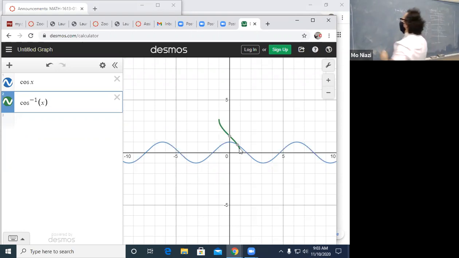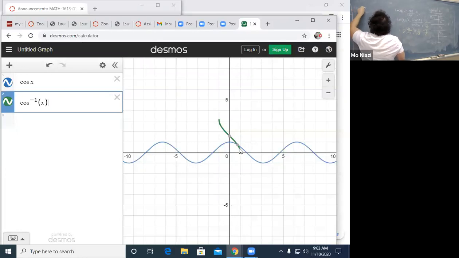What is the tangent of pi over 4? One. Why is that the case? Anything divided by itself is 1. That's why.